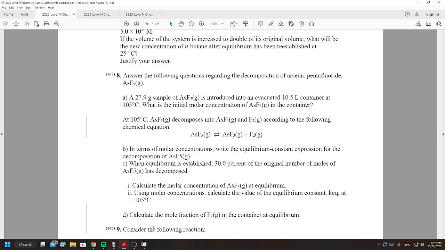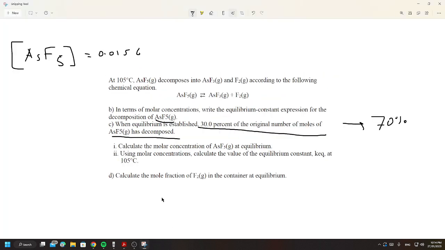So let's write down the formula, and let's also write down the equilibrium expression. So K equilibrium is equal to the concentration of product over reactants.